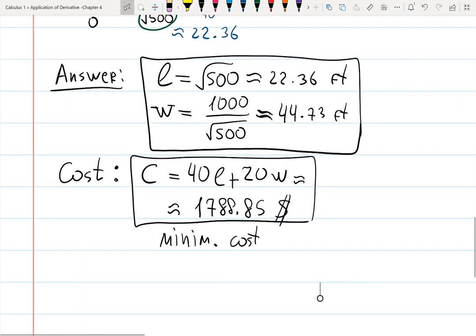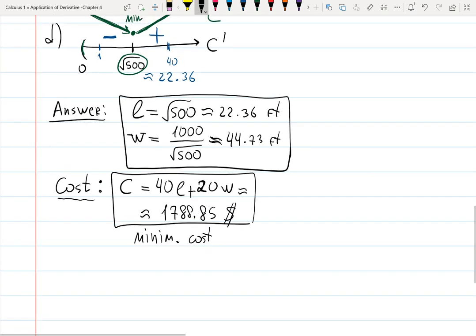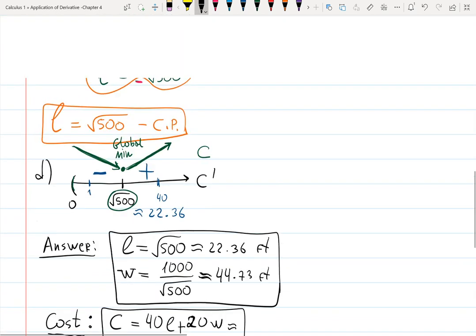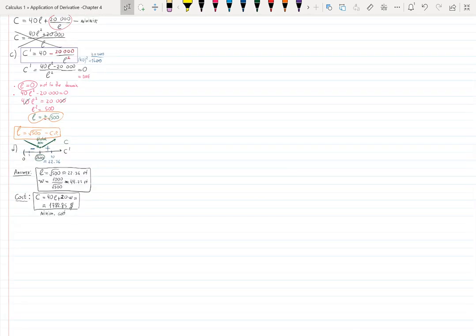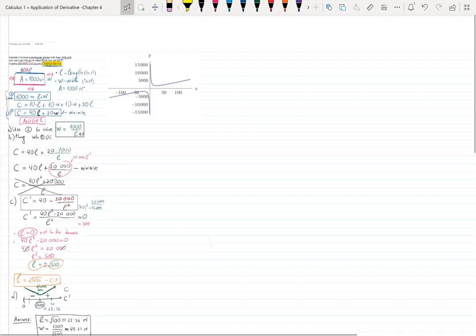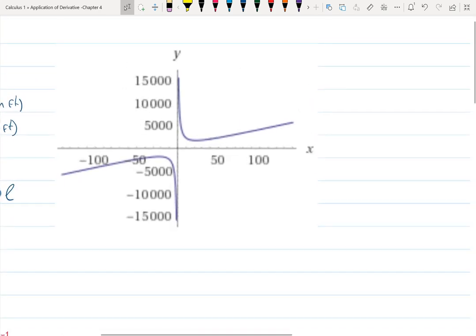So this is how you work with problems with a cost function. Again, in the previous video, I told you that all the problems we're working on have graphs, and that's why we taught you to find concavity, increasing, decreasing. This problem is not the exception. I do have a graph for you. And here it is, it was hiding all this time.